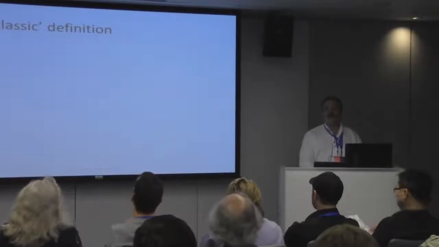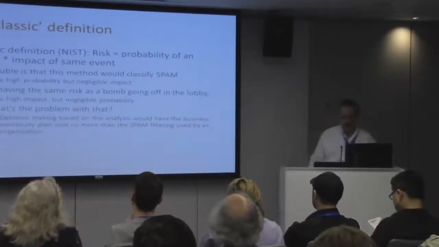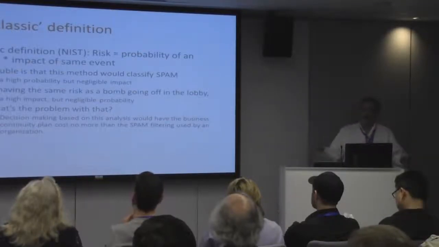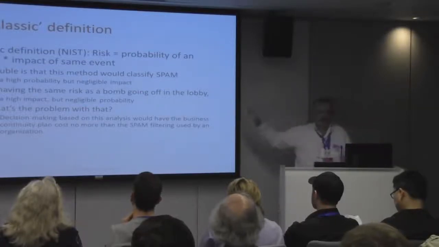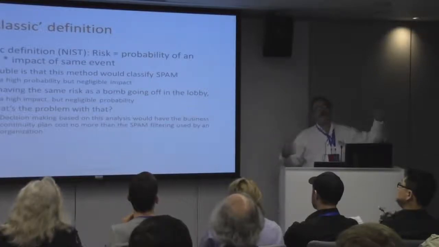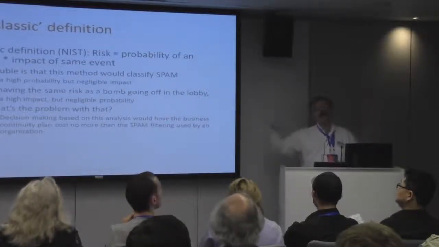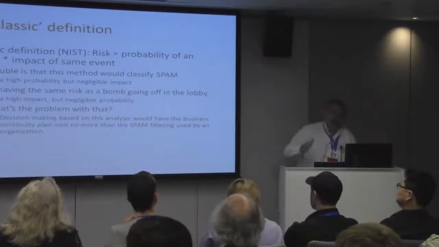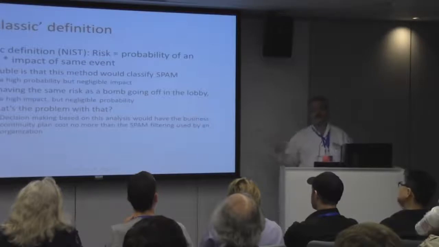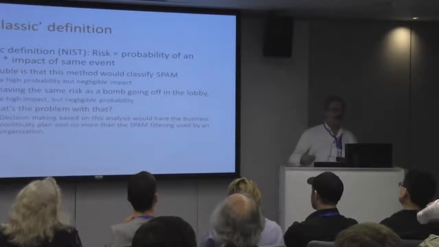So let's start out with the classic definition. This is the definition that comes out of NIST: that risk is the probability of an event happening multiplied by the impact of that same event. And the trouble with this philosophy of defining risk is that it would allow you to say that the risk of a low impact, high frequency event, spam, is exactly the same as a high impact, low frequency event, a bomb going off.